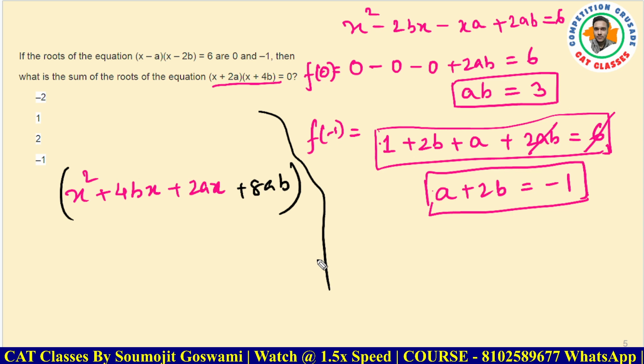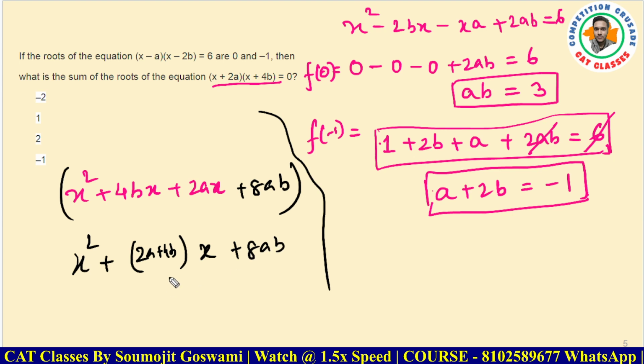Sum of the roots, all right, what is the sum of the roots? So x square plus, if I take x common, this is going to be 2a plus 4b, plus 8ab.